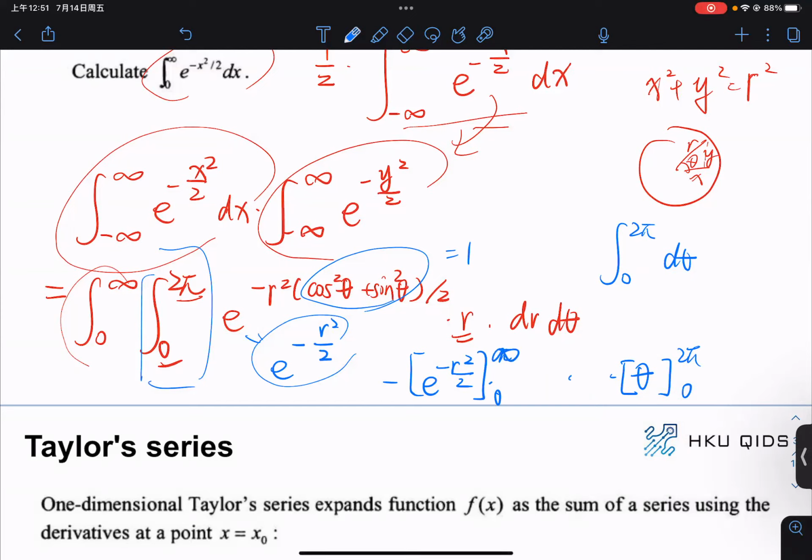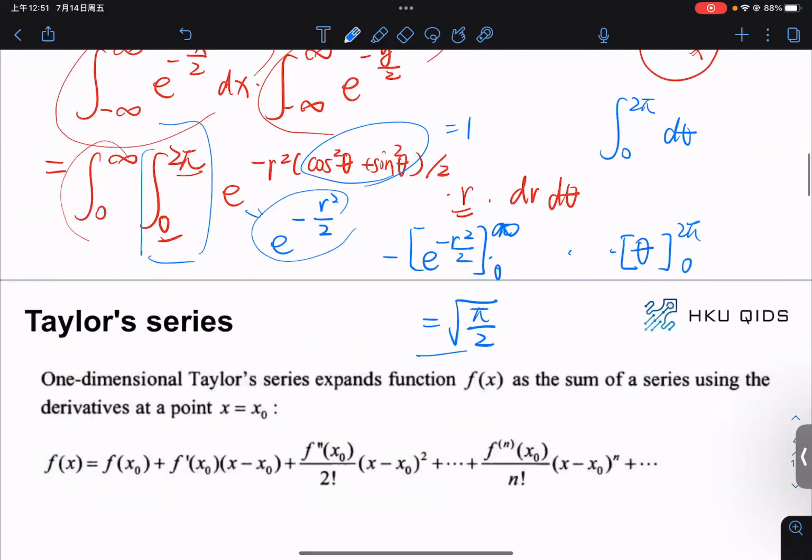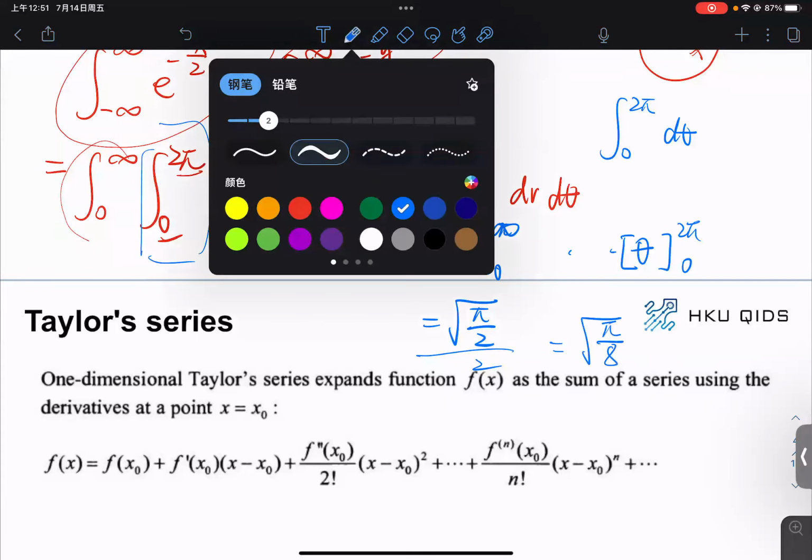By taking that, we can have this one equal to pi square root pi over 2, and we only want a half of that, so just divide it by 2, so we can have 8 pi, right? We have solved that.